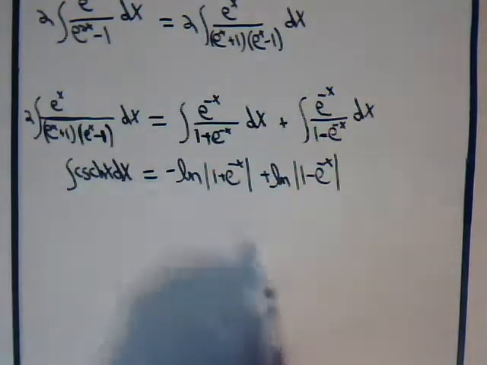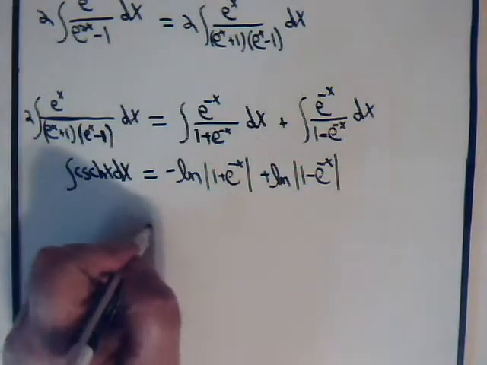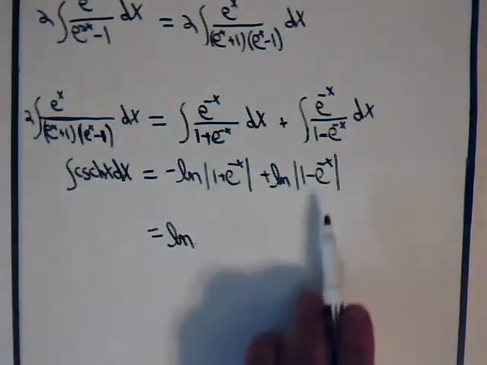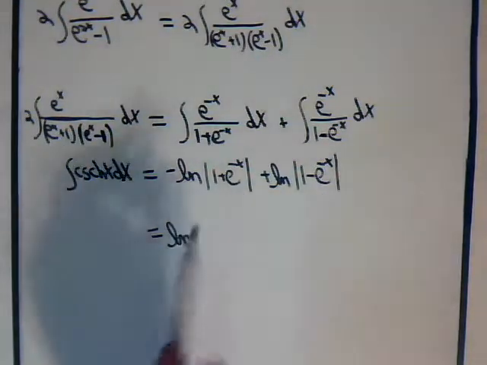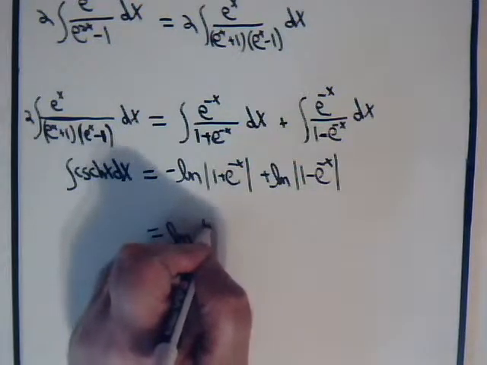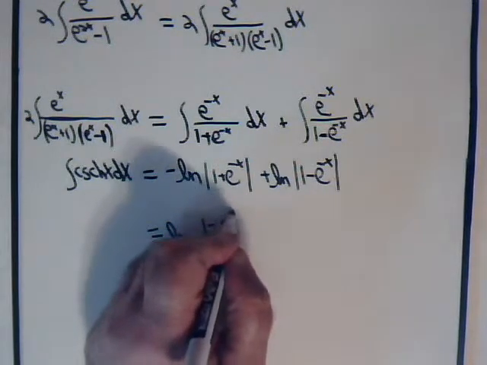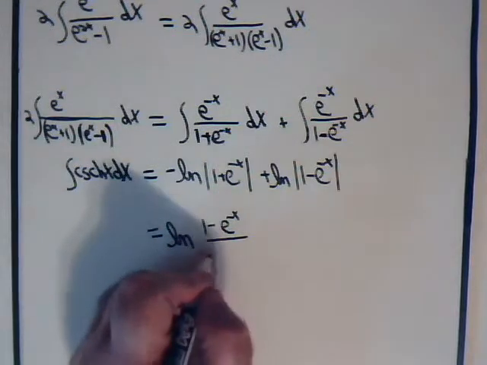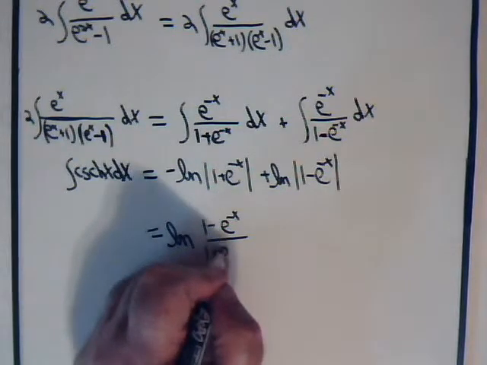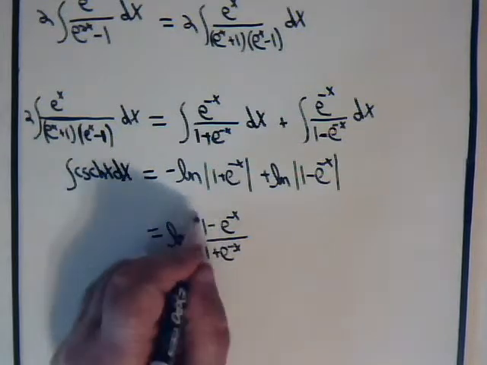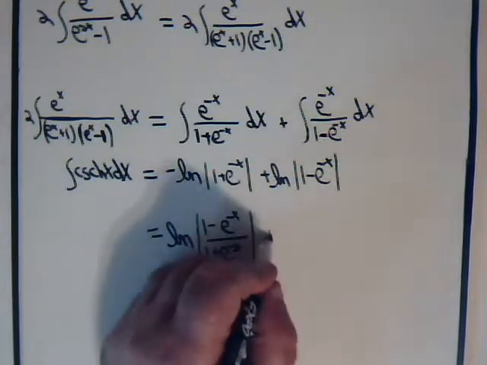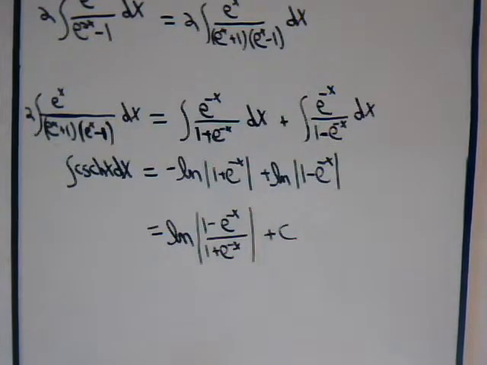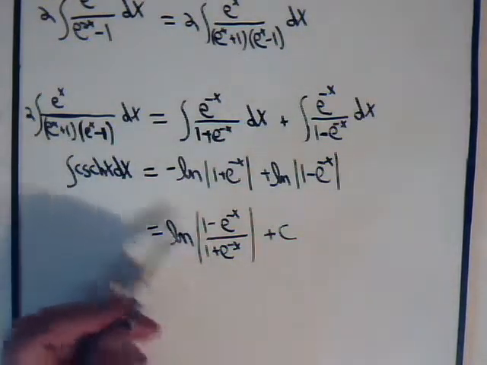And because these are logarithms here, we can write it like this. The natural log of this divided by this. So we have 1 minus e to the minus x divided by 1 plus e to the minus x, plus an arbitrary constant. And this certainly is a valid answer.